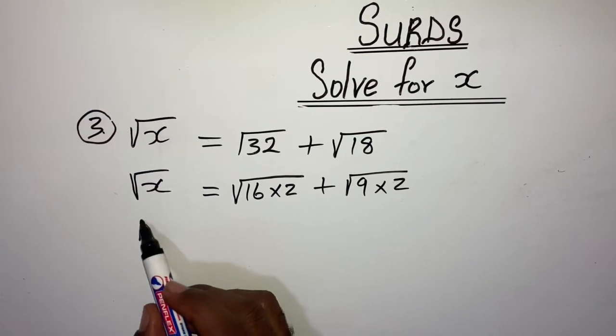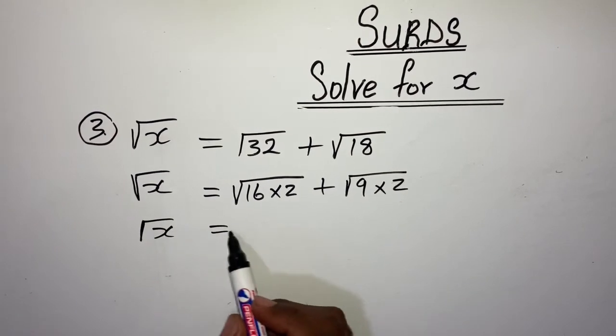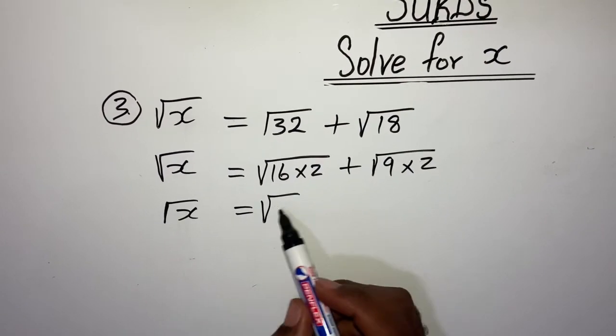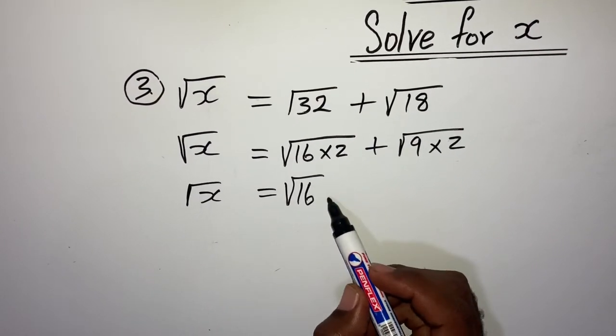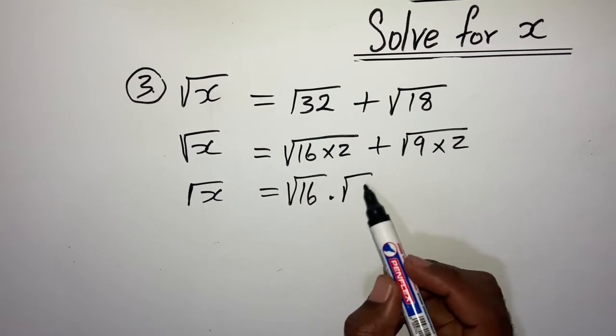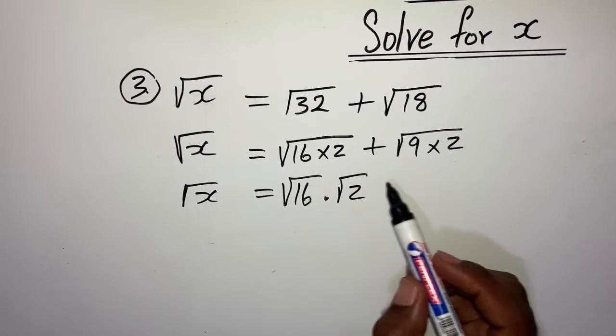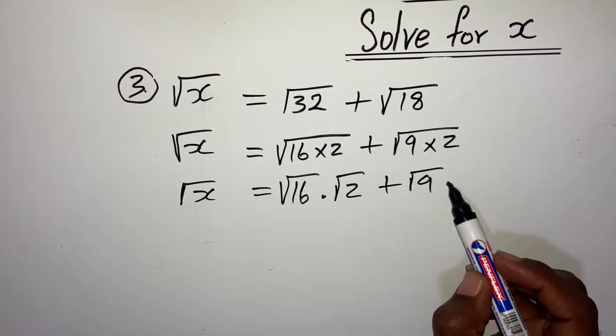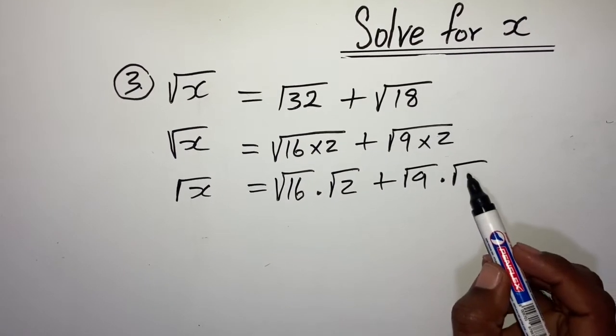Then from here, I continue to say root of 16 times the root of 2, plus a root of 9 times a root of 2.